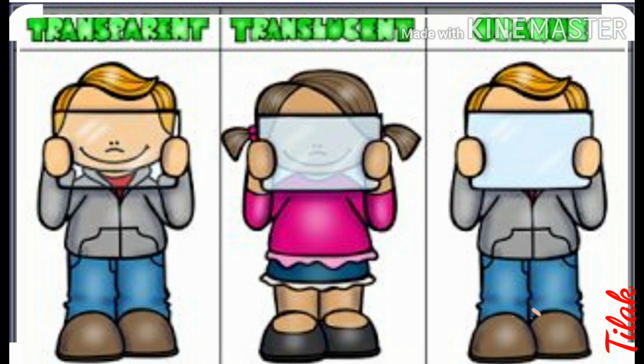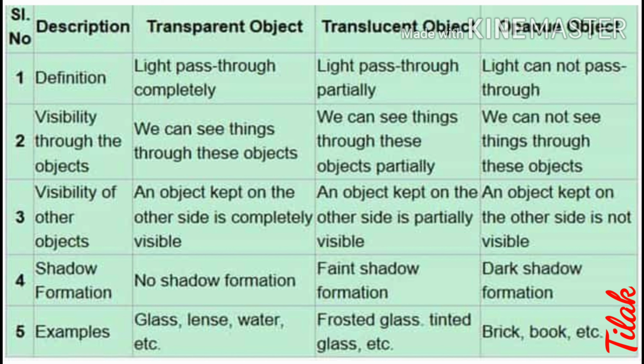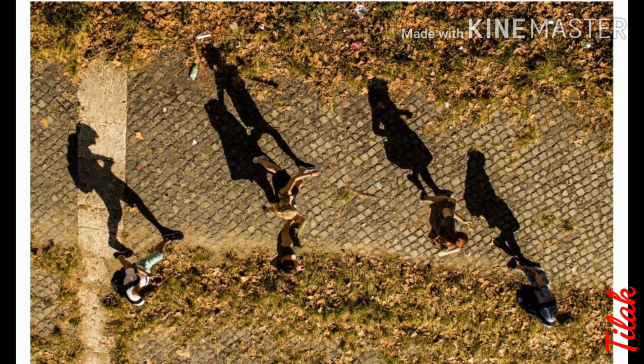You can partially see through the translucent object, and through the opaque object you can't even see the face of the child. Now this is the table which shows the difference between transparent, translucent and opaque objects. Try to learn from here also.